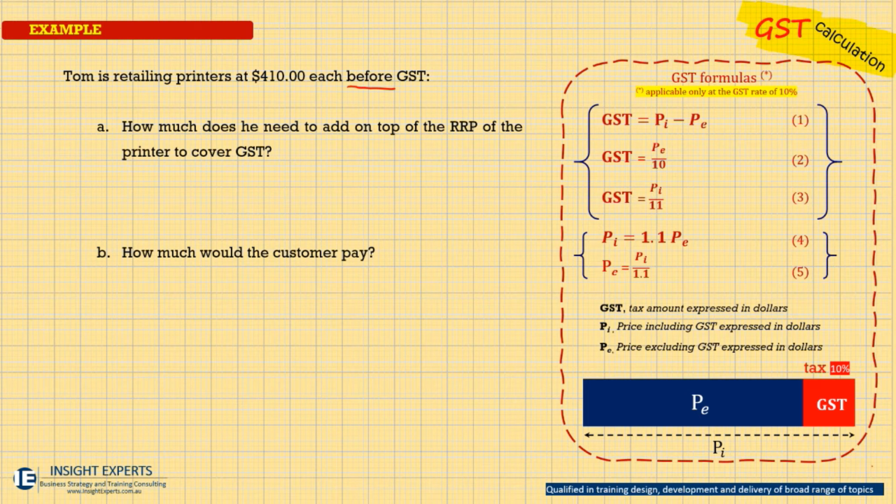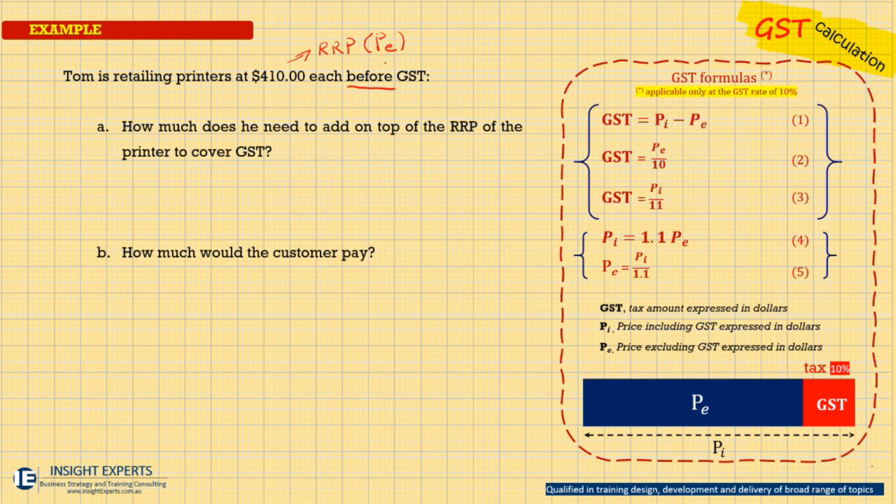So $410 is in fact the retail recommended price, which is in other words the price before tax or excluding GST. The question asks about calculating the GST amount, which he needs to add on top of the $410.